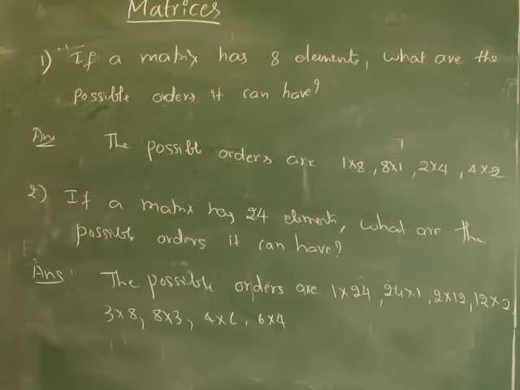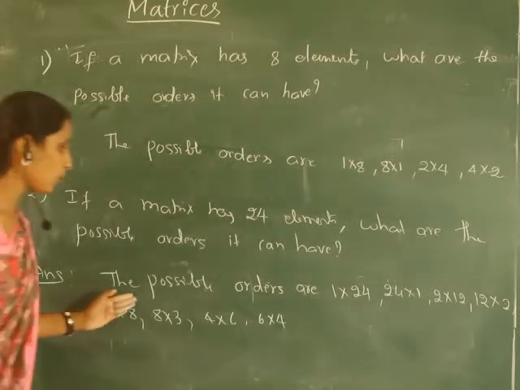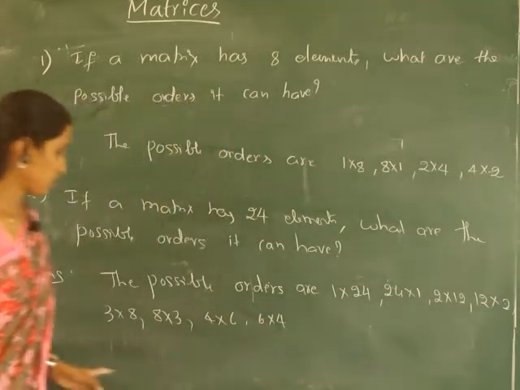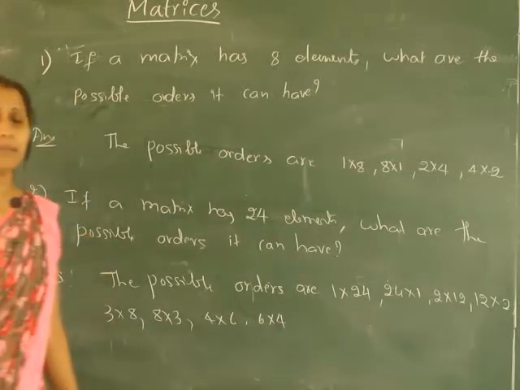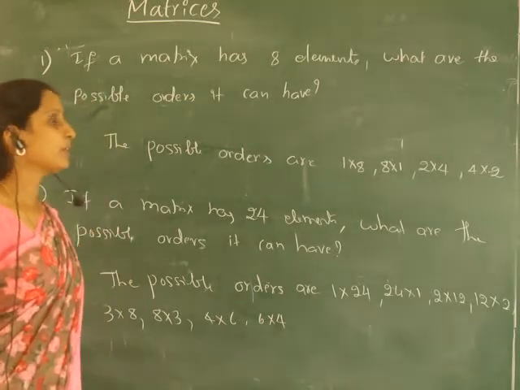Any other? No, only these. So these are the possible orders when the number of elements in a matrix is given. We can write the possible orders.